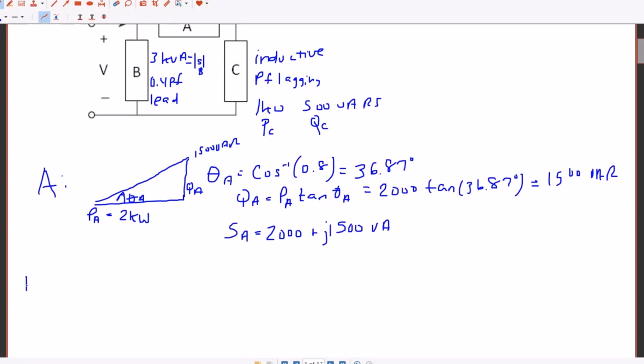Okay, and we're going to do something similar for each of these. So now I'm going to do the same thing for B. So I'm going to draw the triangle. This one's leading, so I know that means I have a negative angle for this one. Okay, and I have 3 kVA. So that means my apparent power is 3 kVA.